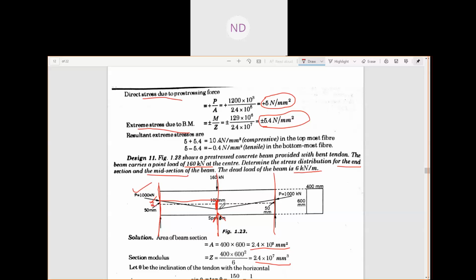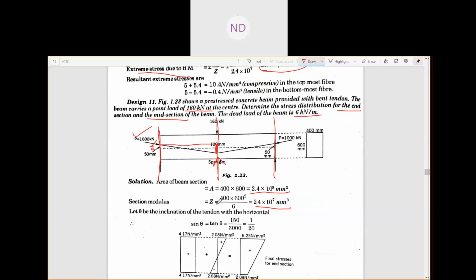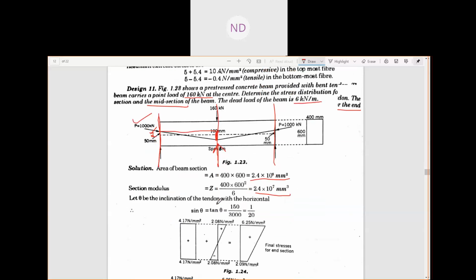This is 100 mm plus this 50 mm, so the total is 150. So 150 divided by 3000 will give you tan theta. Once you know tan theta, you can find out what?